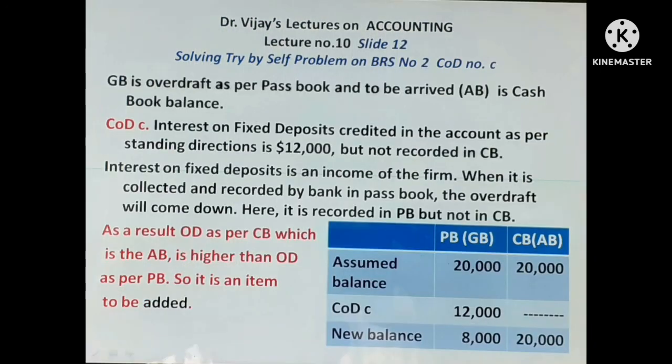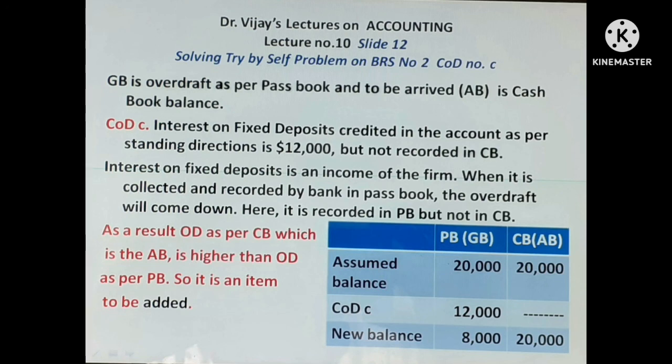Slide 12 gives CODC, explains CODC. Given is overdraft as per passbook and the balance to be arrived at is overdraft as per cash book. CODC is interest on fixed deposits credited in account as per standing directions, $12,000, but it is not recorded in cash book.